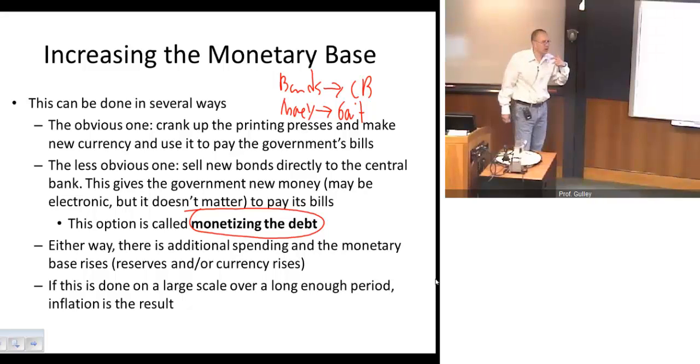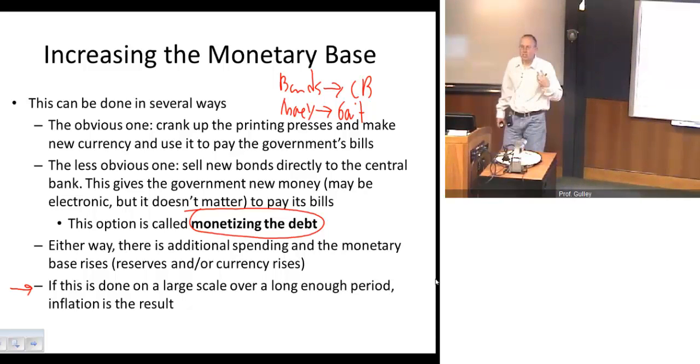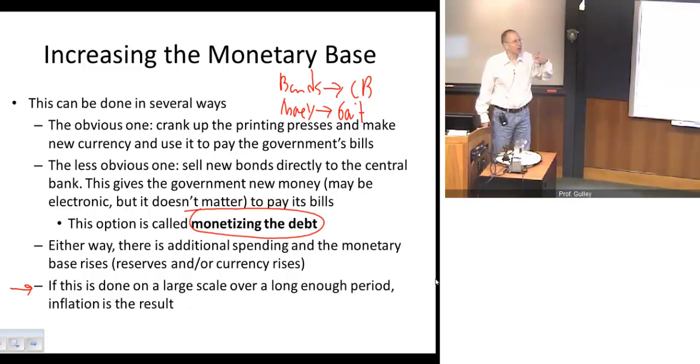Private spending wasn't drained out by increasing borrowing from the private sector. So we've got new spending, plus we've got an increase in the monetary base. And as a result, no matter what, we end up with inflation if something like this is done on an extended basis, on a large volume, for a long period of time.